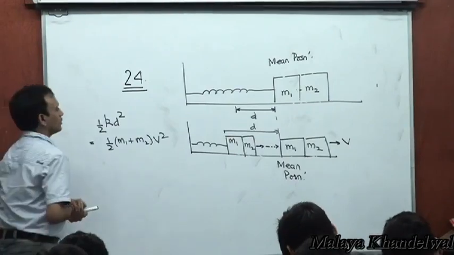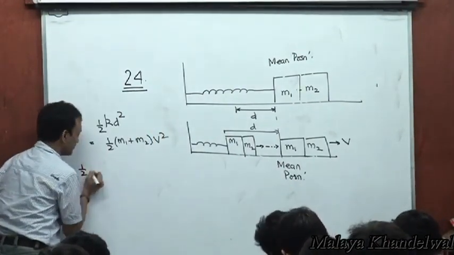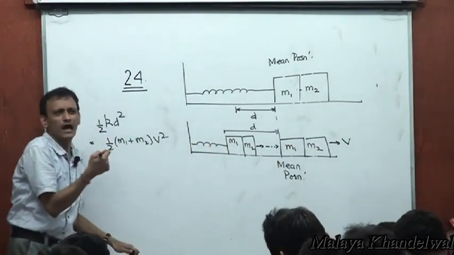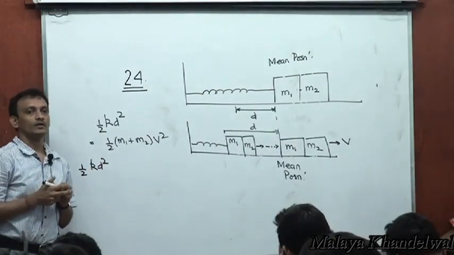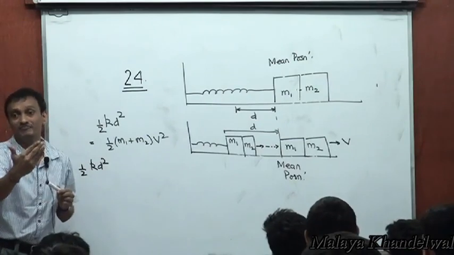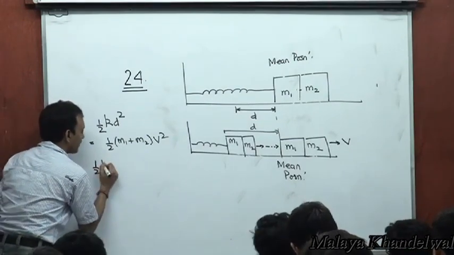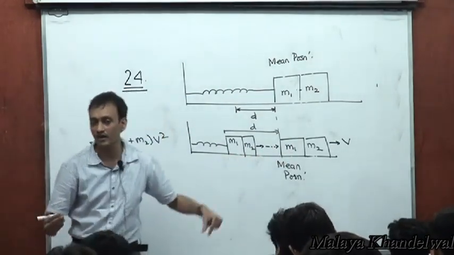And the spring energy is half k d squared. Just slightly beyond the mean position, it's still half k d squared, which gets converted into half m1 v squared. See, the energy of the mass m1 is half m1 v squared.